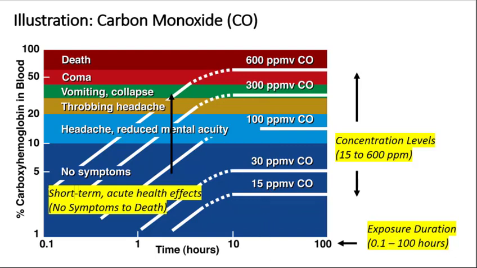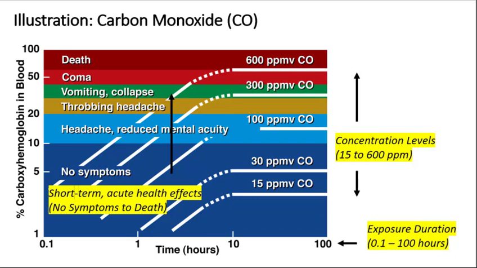Likewise, increasing effects occur as concentration levels increase for a fixed duration of exposure. A 10-hour exposure to 15 parts per million would not be expected to yield health effects. However, as the concentration level for the same exposure time increases, health effects begin to occur.